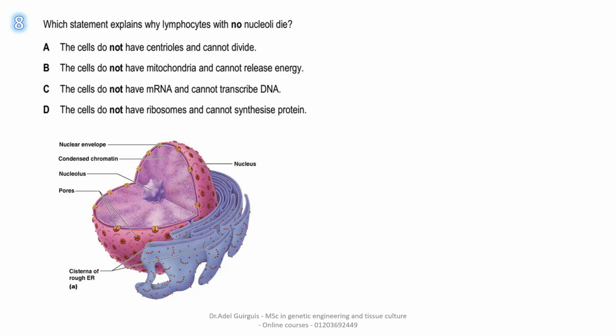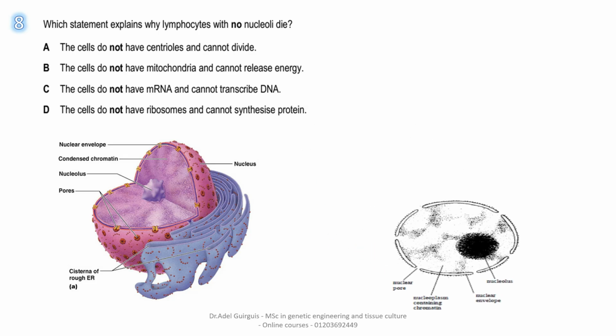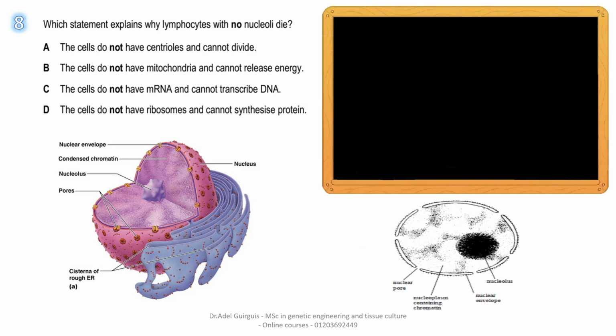Then these ribosomes exit from the nucleus to start their job on the rough endoplasmic reticulum or even free in cytoplasm. So D is the answer. Nucleoli produce rRNA for ribosomes, which are essential for protein synthesis. So the answer is D.